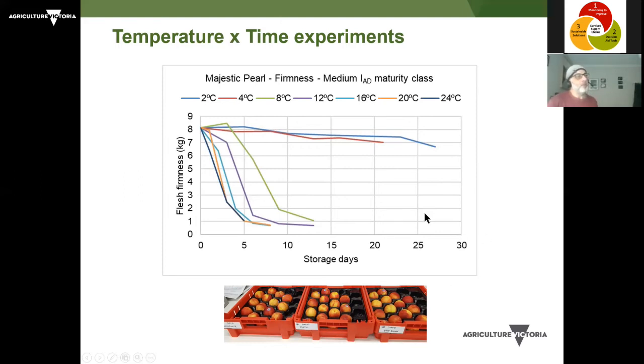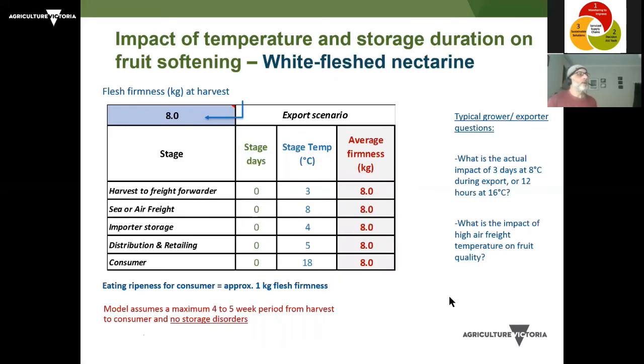With that data, we can develop models to predict storage life as the temperature along the supply chain changes, say from 2 degrees up to 8 degrees and back to 4 degrees. We're able to model what happens to the flesh firmness of the fruit. Now I'm going to demonstrate how we can use those models to predict what happens to fruit in an export chain.